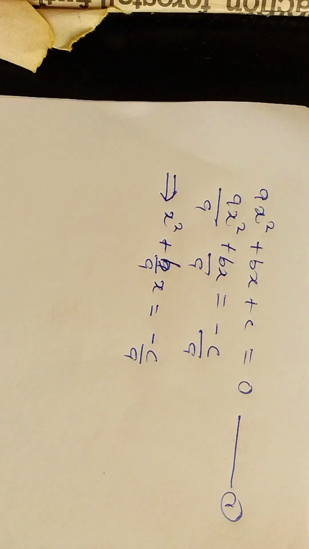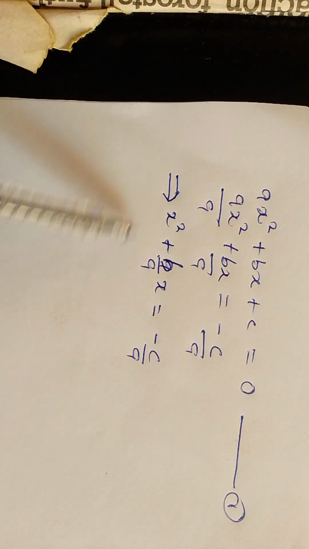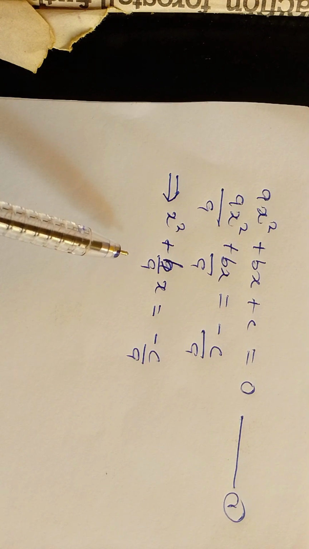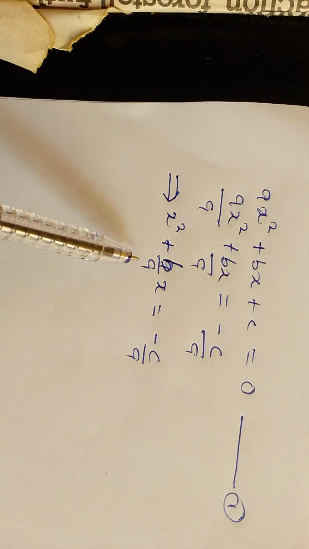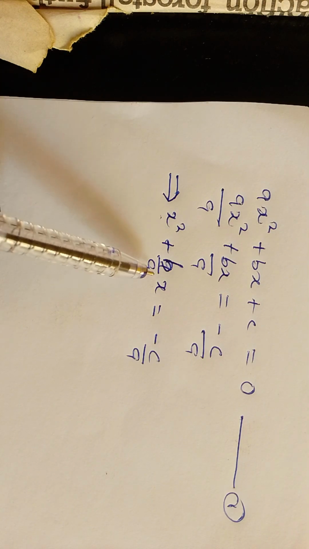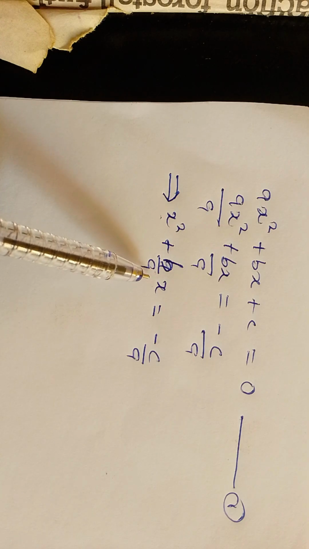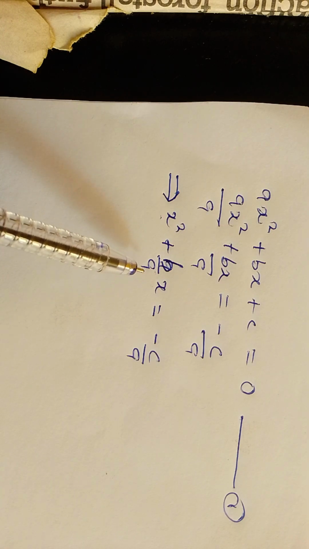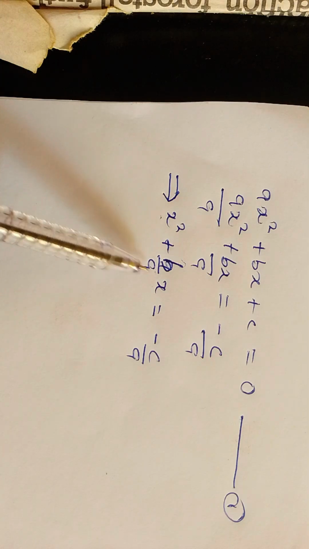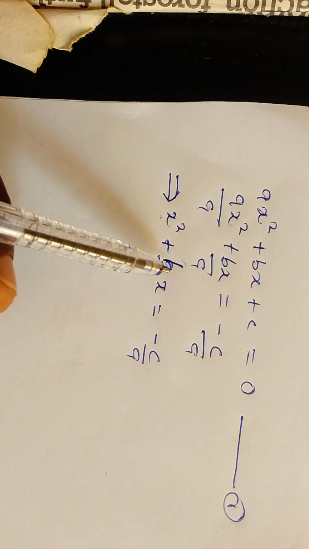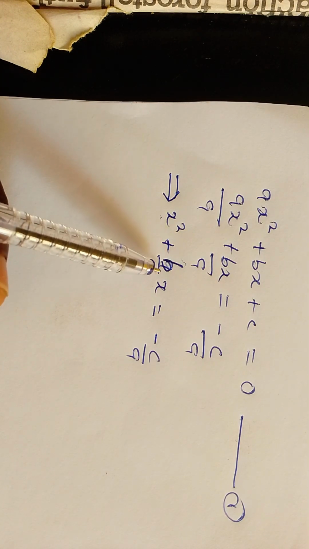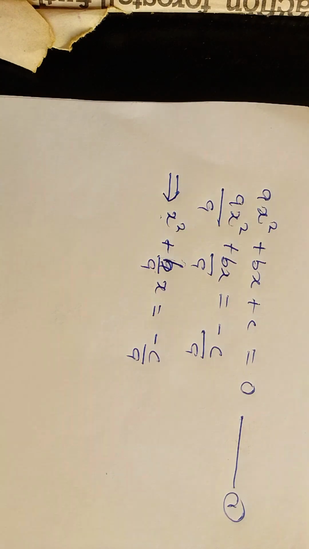Very good. Now this left hand side shows that I can complete the square. To complete this square, I'm going to take half of the coefficient of x and square it, and then subtract it as well.